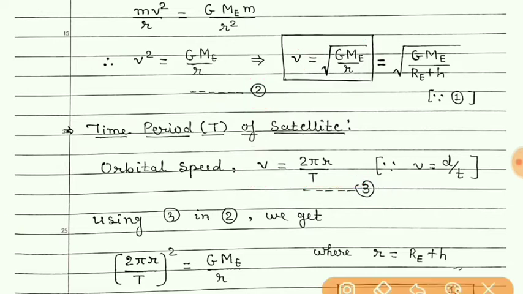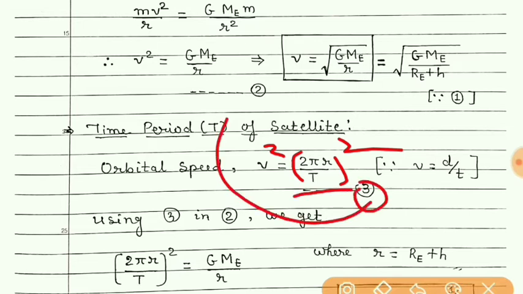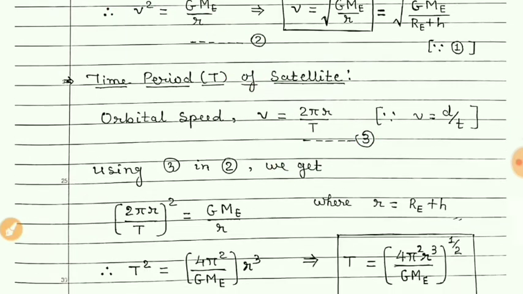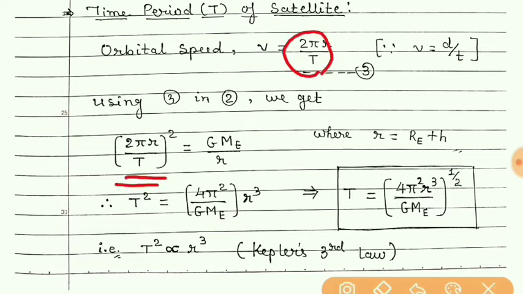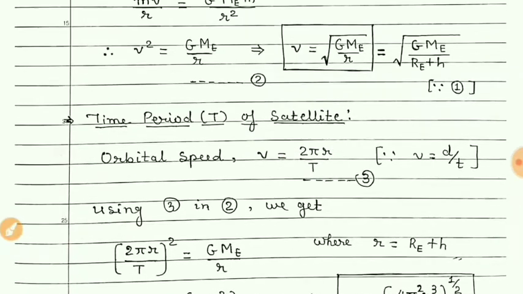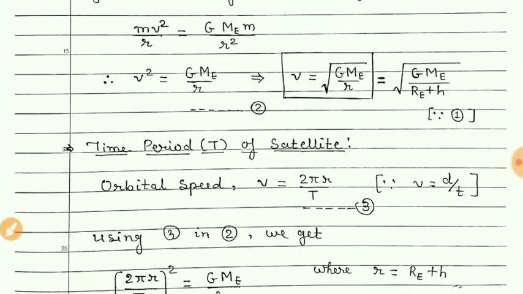Just we have to square here on both sides. If we square this equation number 3, then we can directly compare it with equation number 2, because here also it is v square and here also it is v square. So comparing equation number 2 and 3, we get 2 pi r upon T whole square, that is the square of this, is equal to this term.